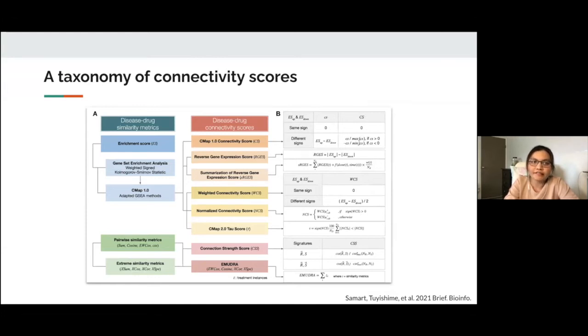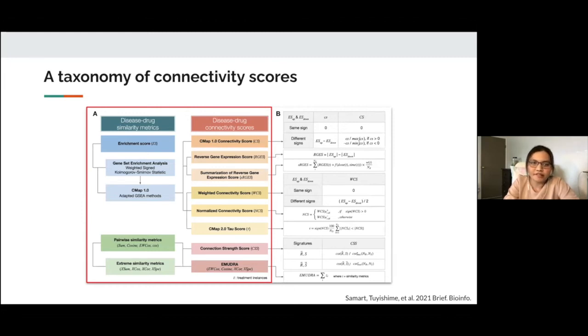So this is a taxonomy of connectivity scores that we finally constructed as a result of our work. We have established a layout of every disease-drug connectivity score and disease-drug similarity matrix, and connected them based on their relationship in terms of math and statistical concepts.